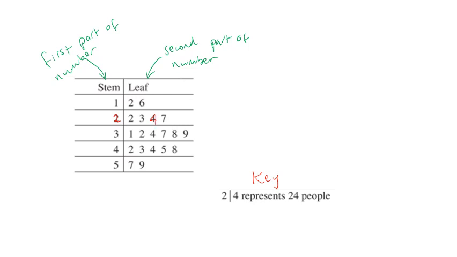So this number here, that's number 12. So our smallest number is 12. Our largest number is down here, 5, 9. Largest number, 59.